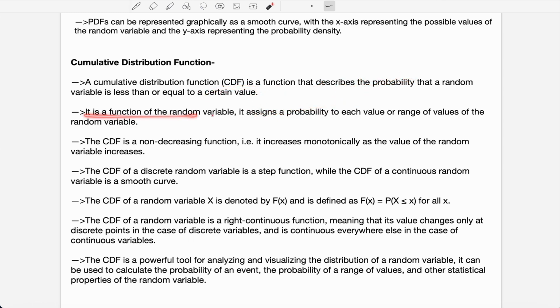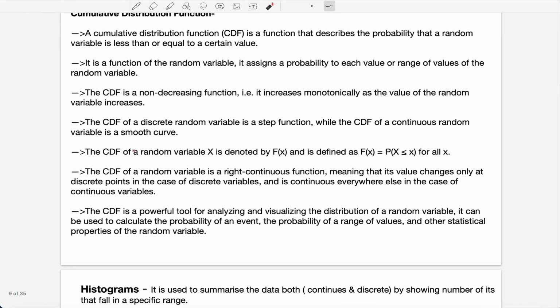It is a function of a random variable. It assigns a probability to each value or a range of values of a random variable. It assigns to each value, in the discrete case, and to a range of values, in the continuous case, right? The CDF is a non-decreasing function. That is, it increases monotonically as the value of the random variable increases.